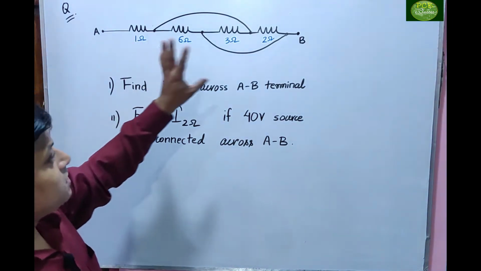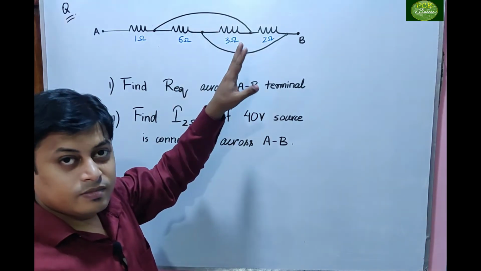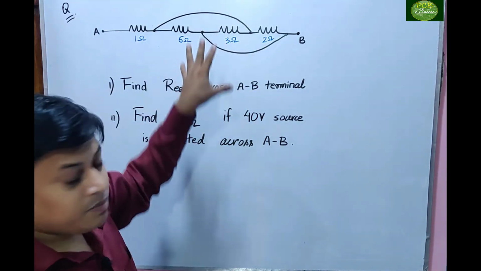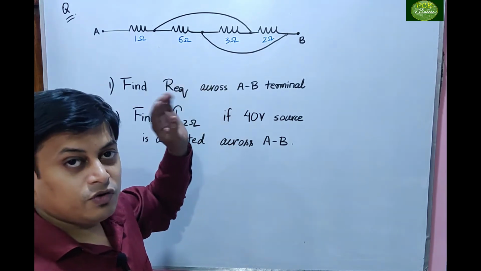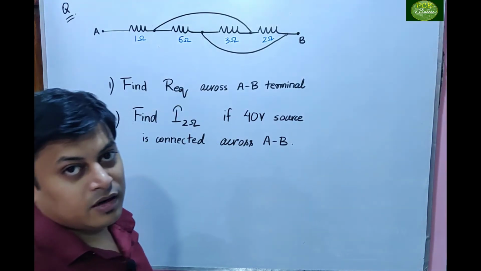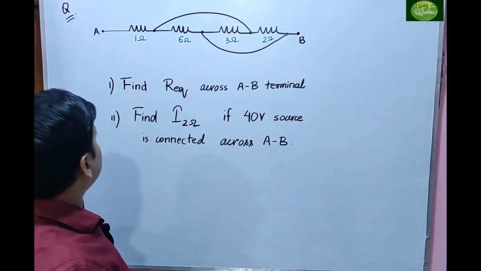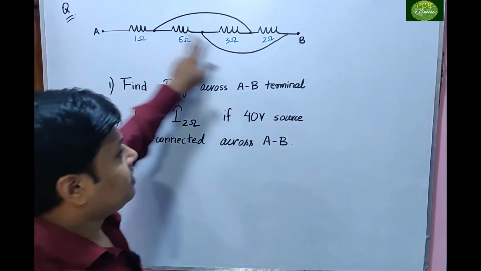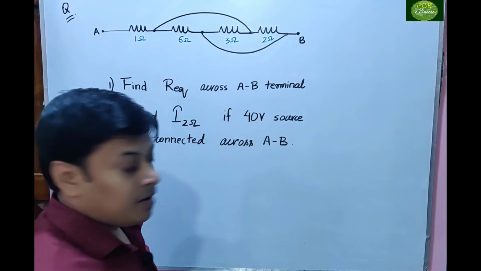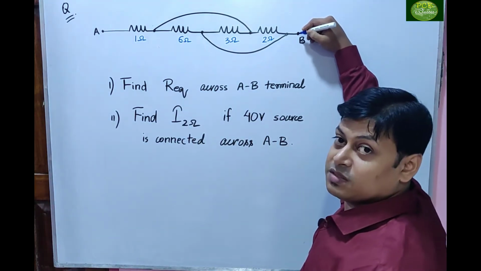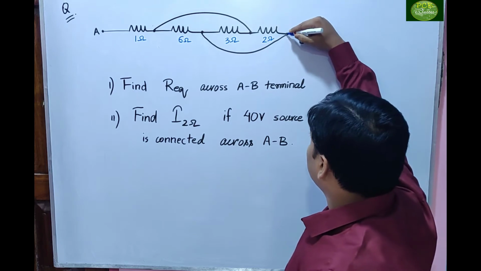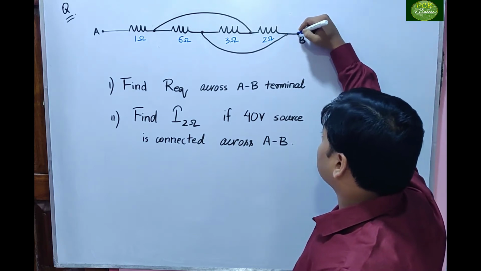Now the figure looks very irregular. Fine. So we'll put in a proper format. In order to put in a proper format, we have to know how many nodes are there. Clear? So we'll see another node. This is a node A and this is a node B. Now see here. If this node is B, is there anything in between this point to this point?